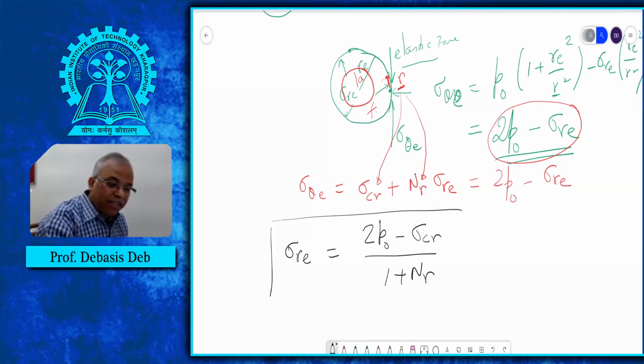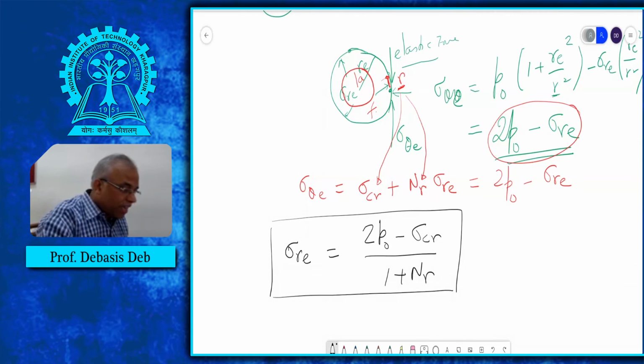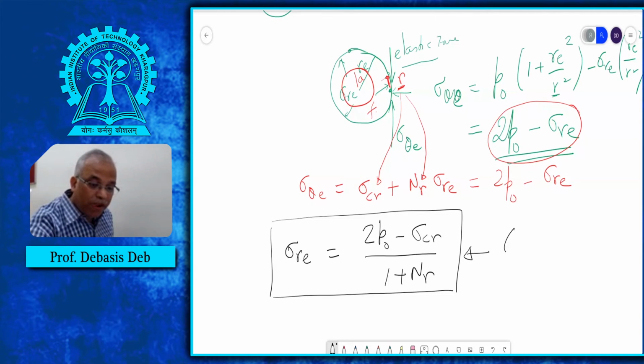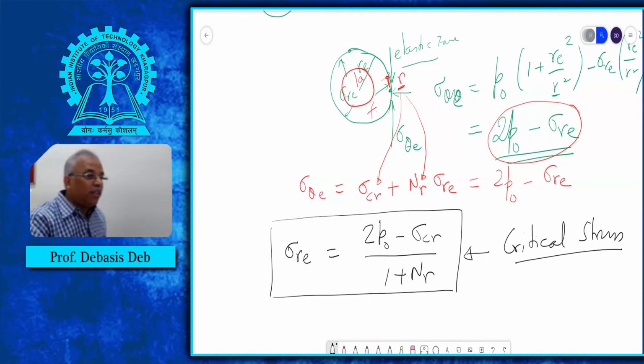This is a very important equation, and we call it basically the critical stress. You will know later on, may not be in this class, but later on when you do further rock mechanics, that our entire support systems basically depend on finding out this critical stress.